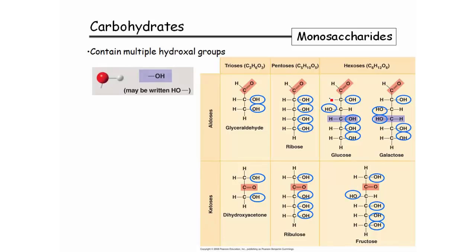Most of the time, when we draw monosaccharides in the simplest fashion, we draw them in this linear format. We can draw them in a circular format as well, but we want to make sure that we understand the linear format first. So if we draw a very simple monosaccharide here, just to review, we're going to have a short carbon backbone.